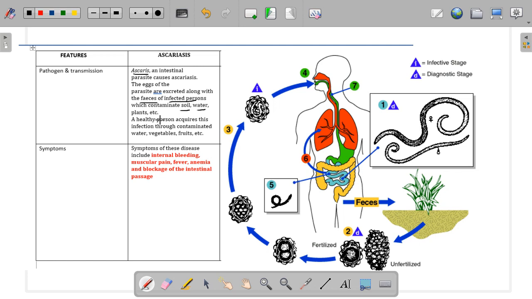If a healthy person acquires this infection through contaminated water, especially in a typical village background, there will be a pond where every person will be using that pond for different things.